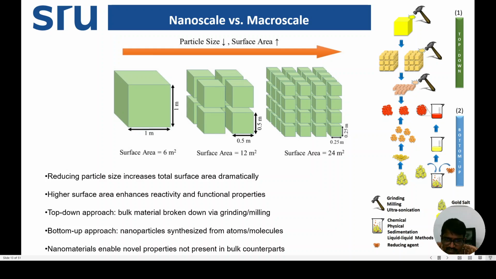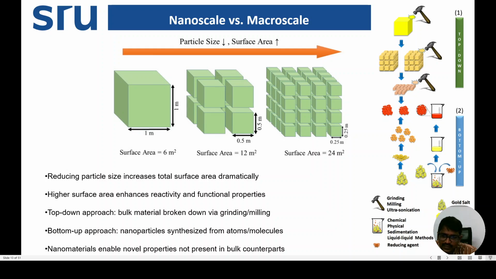By observing this, you can understand that reducing particle size increases total surface area dramatically, and higher surface area enhances reactivity and functional properties.